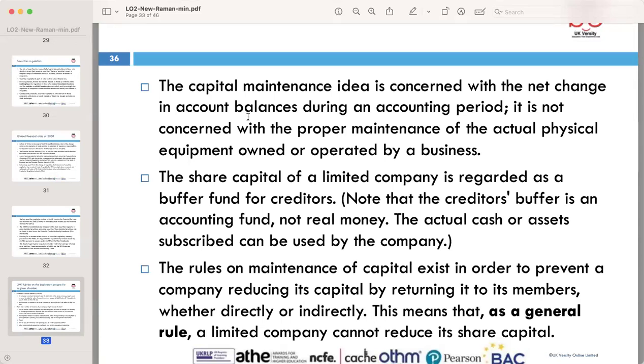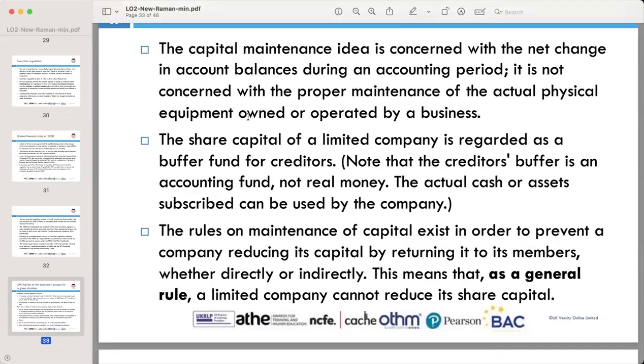So the concept of capital maintenance focuses on the net changes in account balances during an accounting period, not on the physical maintenance of a business's assets. In a limited company, share capital is seen as a buffer fund for creditors. It is essential to note that this creditors' buffer is an accounting fund, not actual money. So the cash or assets subscribed can be utilized by the company.